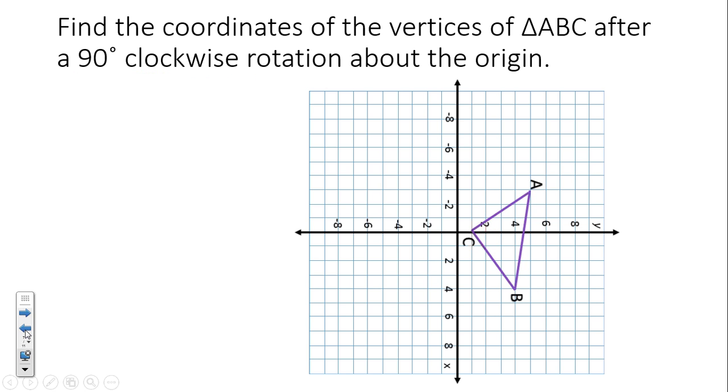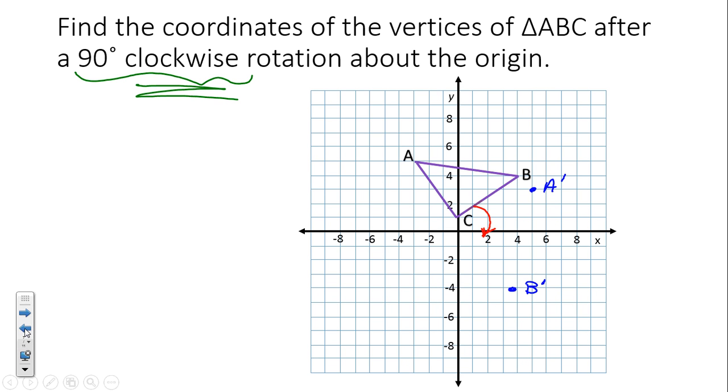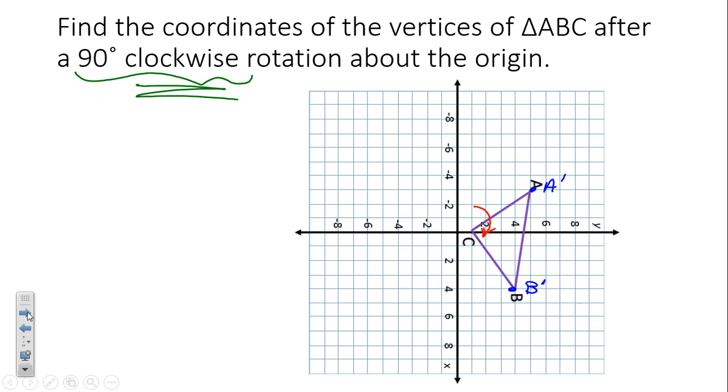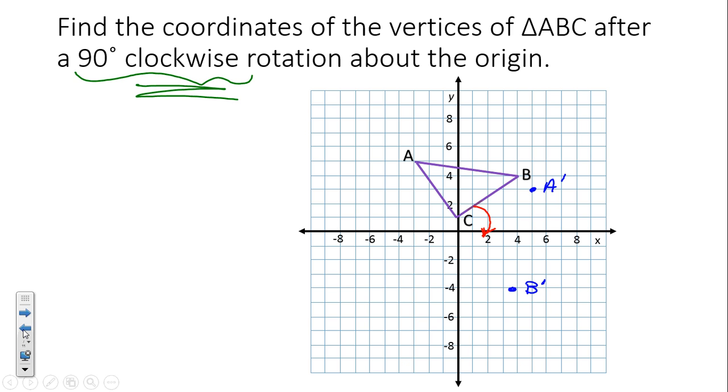Where was I? Okay. And C was at 0, 1, right? So we rotate our paper, and we're at 1, 0. Yep, 1 over, 0 up. Okay?